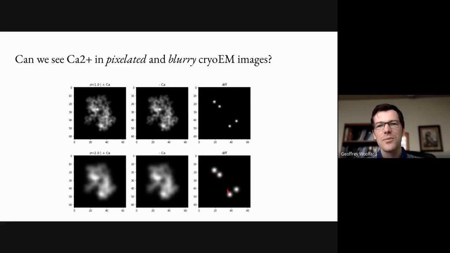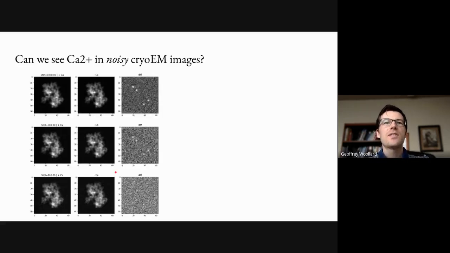If there was even more blurring, the blurring would come from beam-induced motion. Can we see a calcium ion in a noisy Cryo-EM image? No, I don't think so. Not really. Here you have some noise in the background. You can't see it because it's so small.